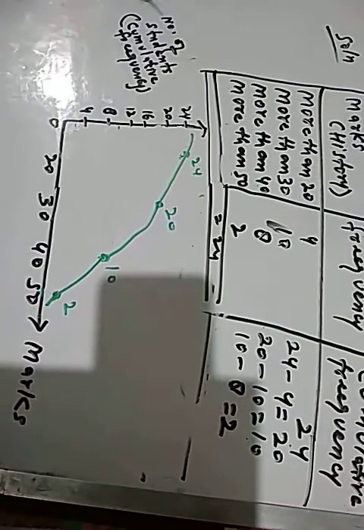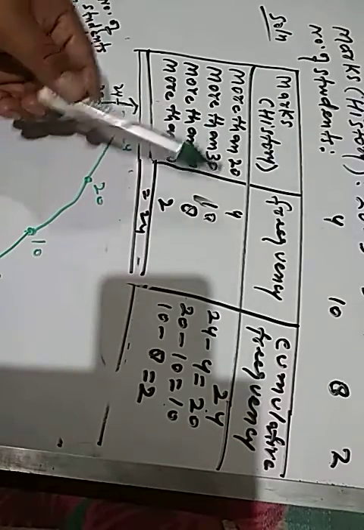You can also draw these cumulative frequency Ogives in the same diagram on the same graph, that is less than method as well as more than method. For that you have to construct 2 more columns.